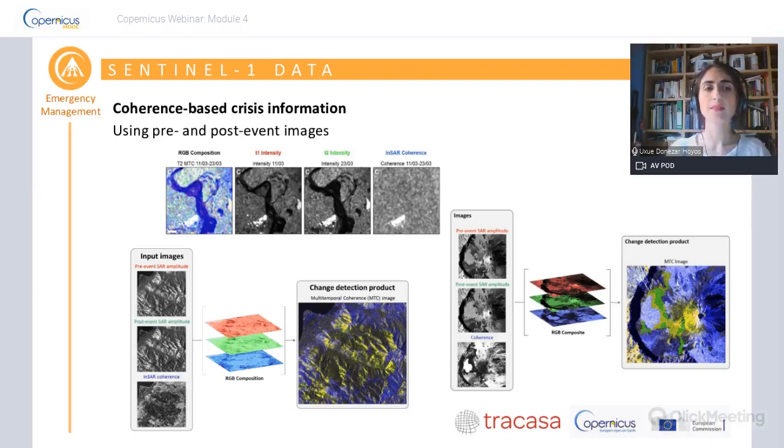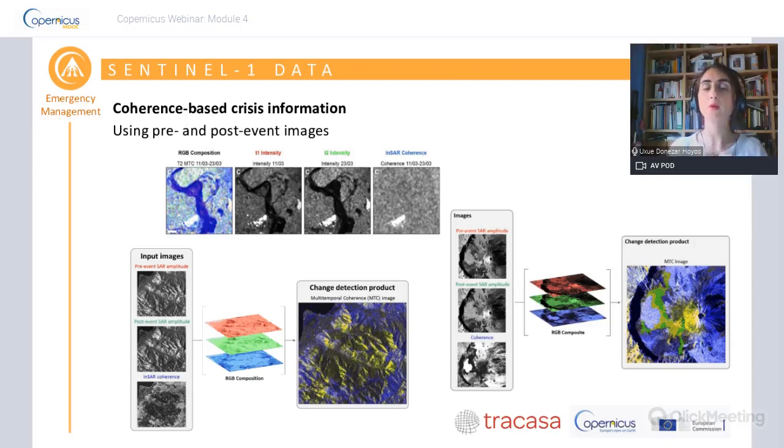We have also used Sentinel-1 data for other kinds of applications, mainly coherence-based crisis information. For those who don't know about SAR coherence, it measures the change between two SAR images, the change in texture in the land.